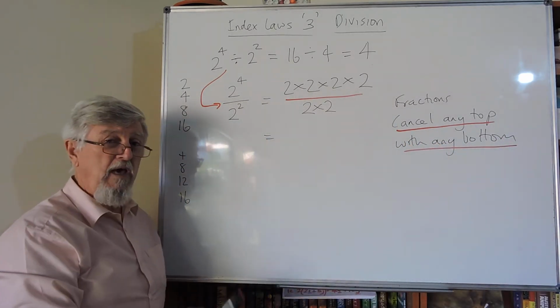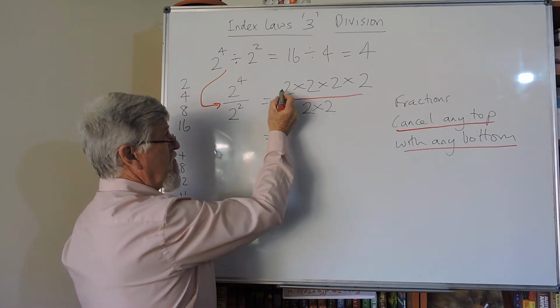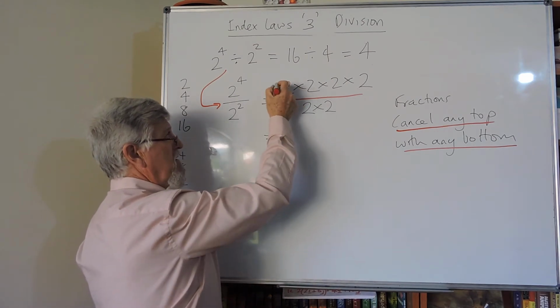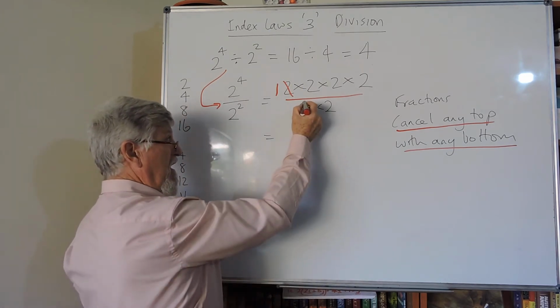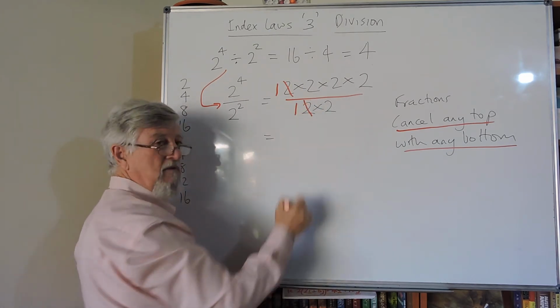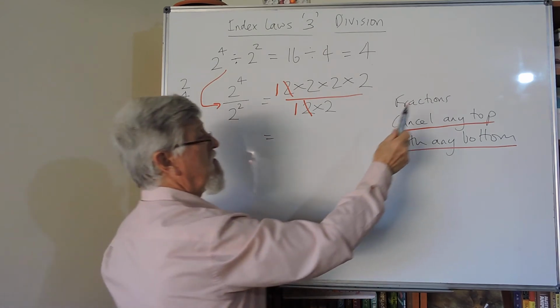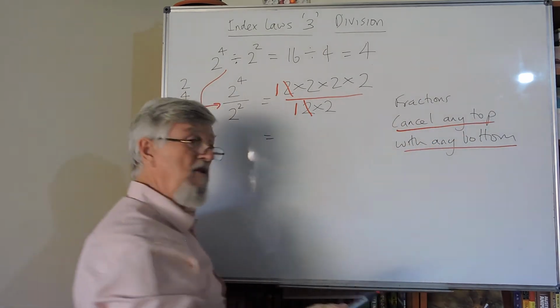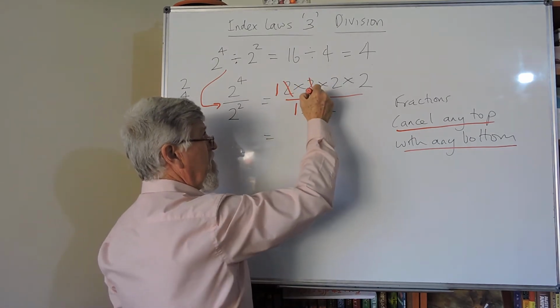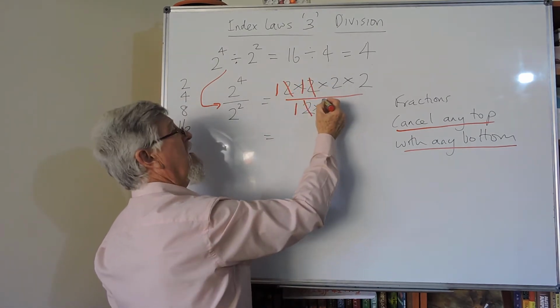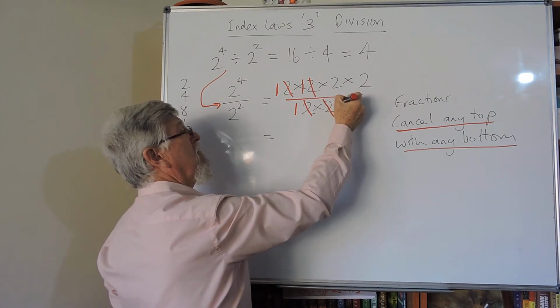So what do we mean by cancel? If I go 2 into 2 goes once, I can replace that 2 by a 1. So I can cancel any top with any bottom. It's not that it's gone, it becomes a 1. Now I can cancel that top and make it into a 1. And I can cancel that bottom and make that into a 1.